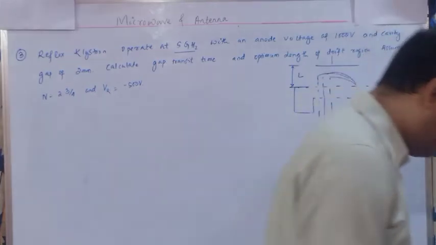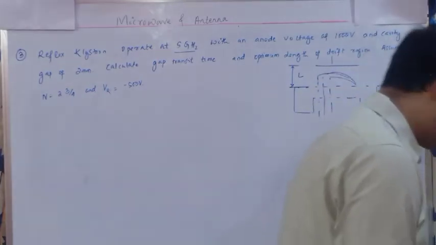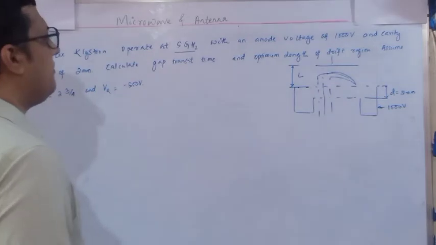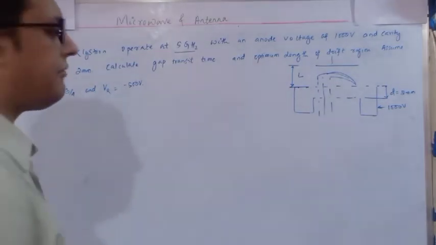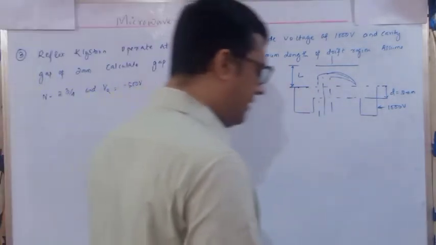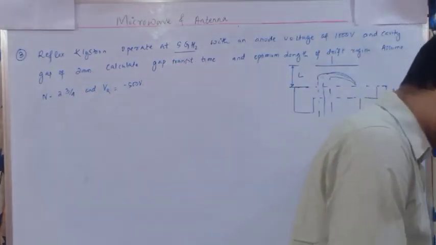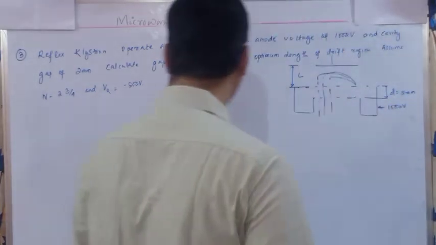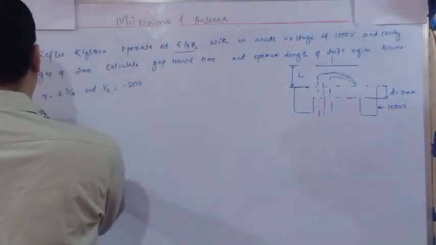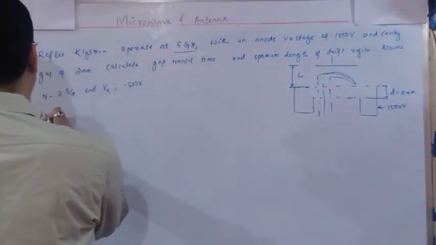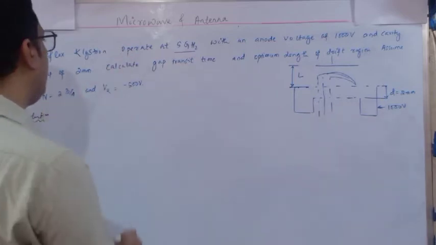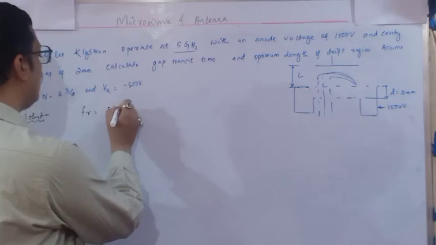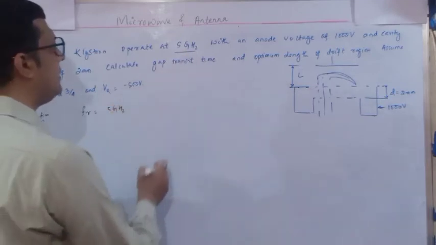So step by step we will see the transit time, the gap transit time and the optimum length for the drift region. So first of all we will identify what parameters are given and then we will start our calculation. So this is the solution. First, operating frequency is given, FR equals 5 gigahertz.